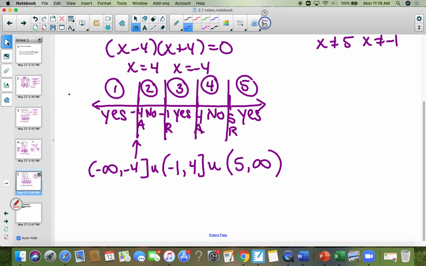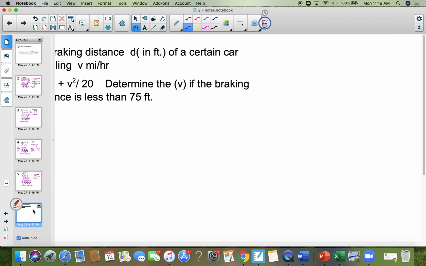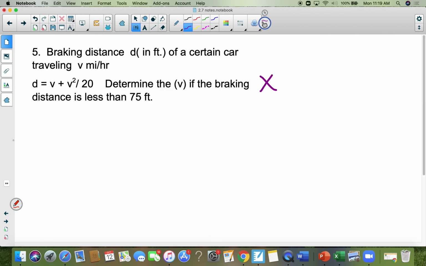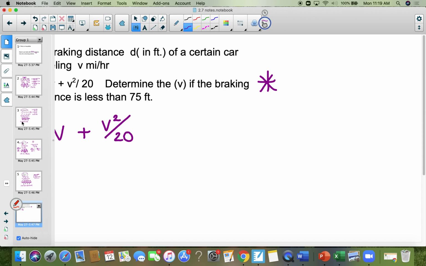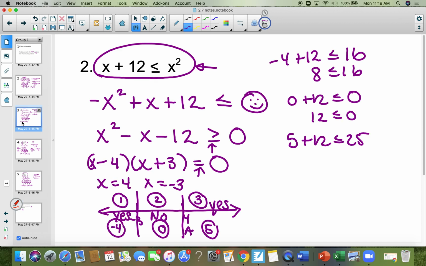Okay, the last problem for the notes is going to be a story problem on the test. So the only difference between this, the braking distance of a certain car traveling v miles per hour, is this formula. I want to rewrite it so that you can see that the v squared over 20 only. The other ones, if you look at them, already have the inequality written down.